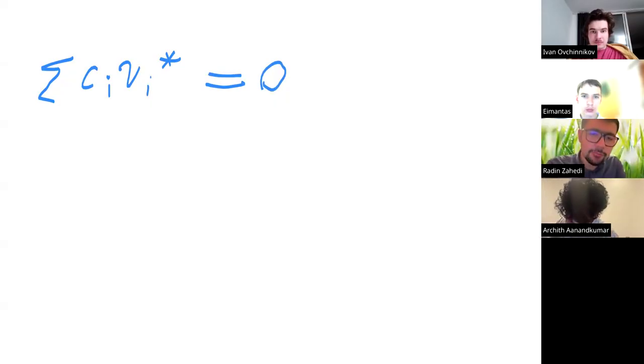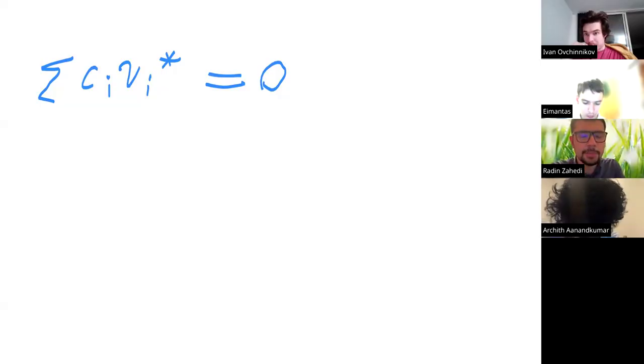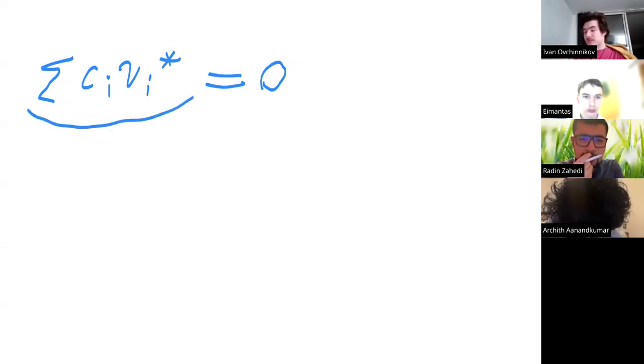We just defined this vi star and need to find out whether it's a basis. That's what we're going to prove here. So what we're going to do is see whether they are linearly independent. We have the sum of ci vi star equal to 0, and I want to check whether we can prove each ci is 0.